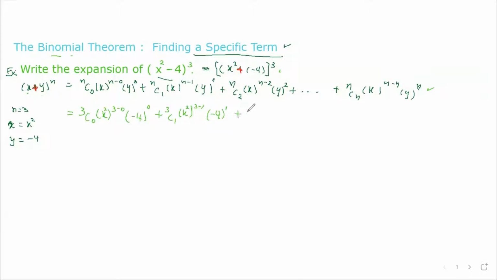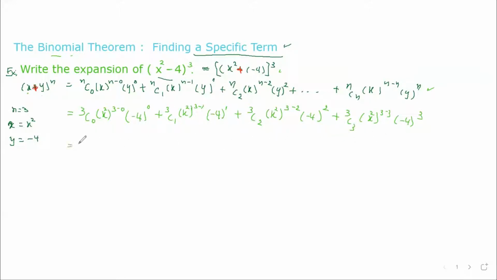Plus 3C2, x squared power 3 minus 2, and -4 power 2. And go on. Because power 3 we should have 4 terms. So next is 3C3, x power 2 with power 3 minus 3, and -4 power 3. So we have 4 terms: 1, 2, 3, 4.